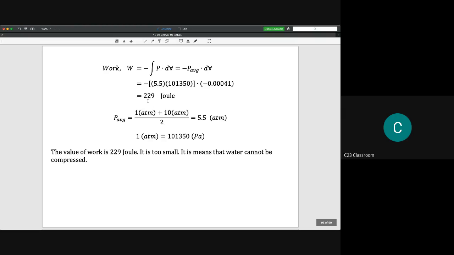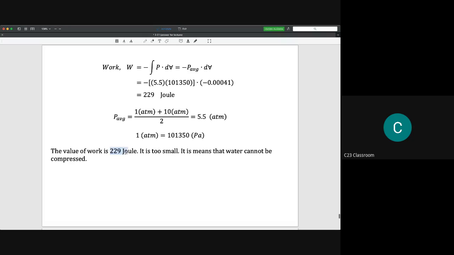So if we calculate the work, it is equal to 229 joules, and the average pressure used to compress it, we can assume, is 5.5 atm, where 1 atm is around 101 kilopascal. So the value of work is around 229 joules.